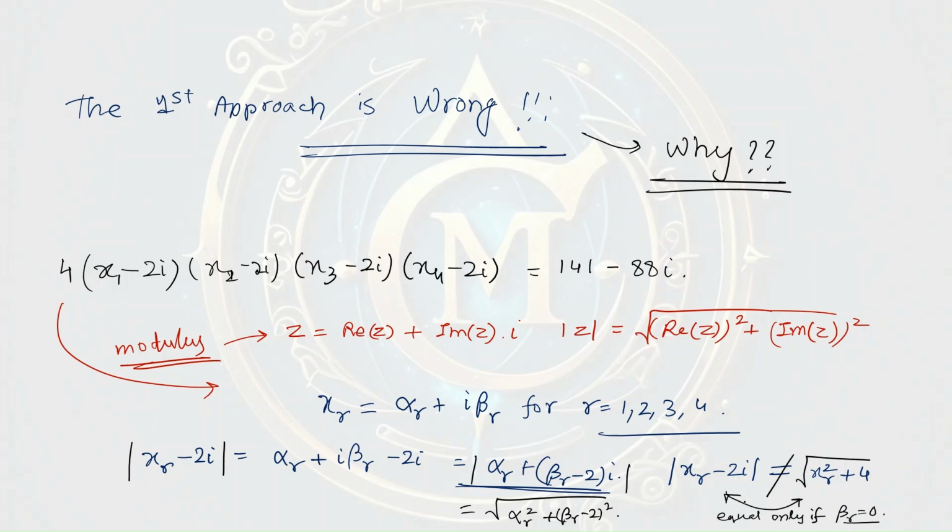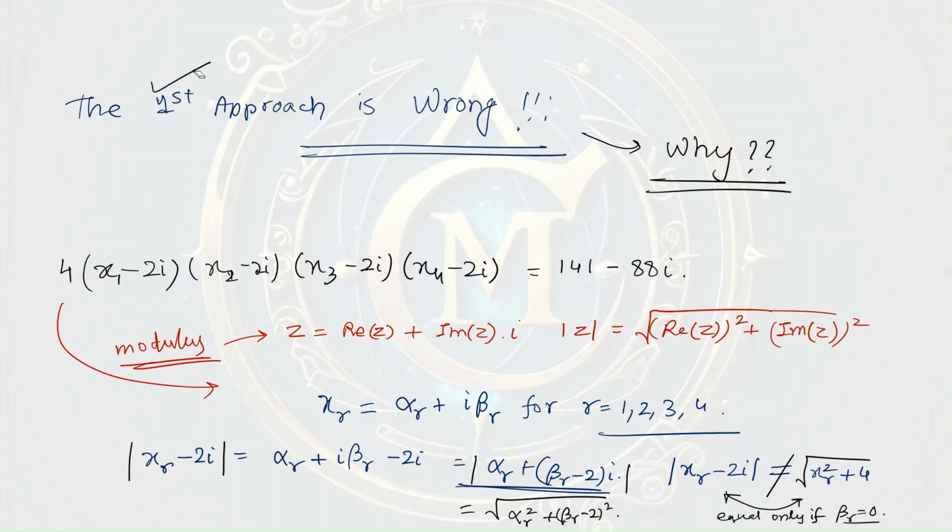That means the roots of this polynomial equation are real, but it was not given to us that these 4 roots are real roots. If it was mentioned in the question that x1, x2, x3 and x4 are real roots of this equation, then this first approach would have been absolutely correct.